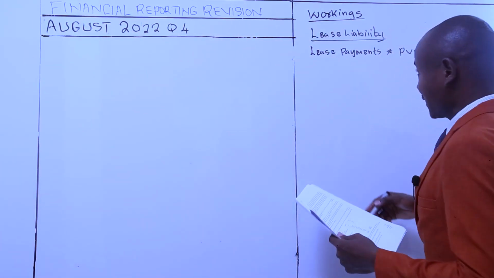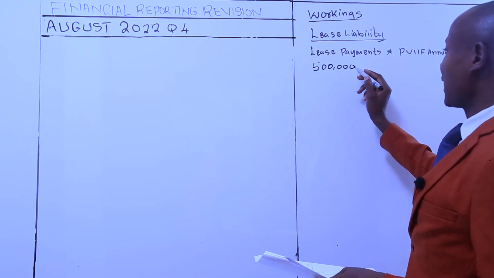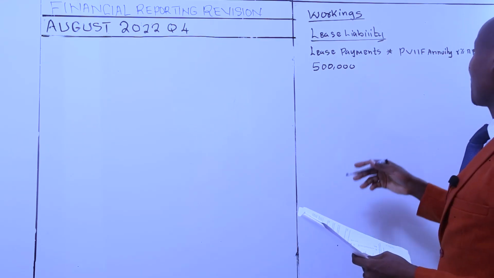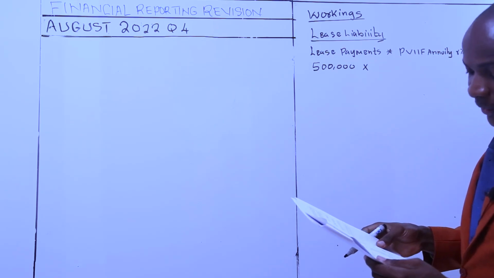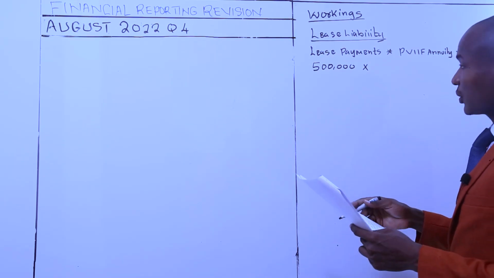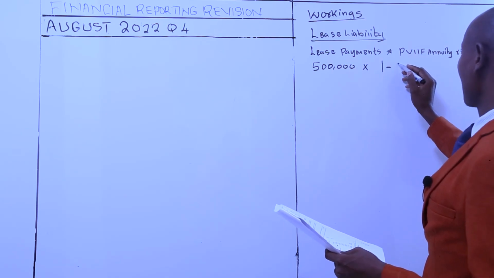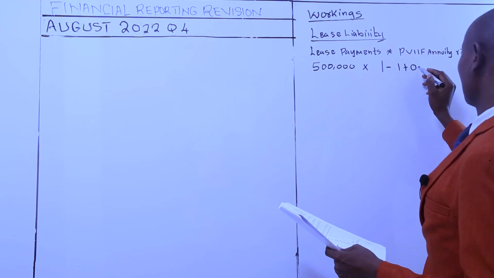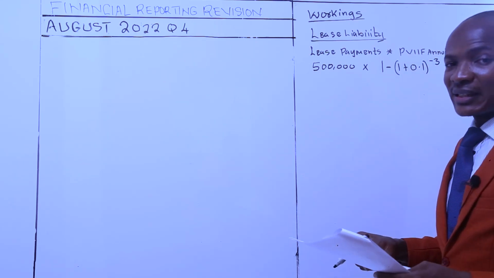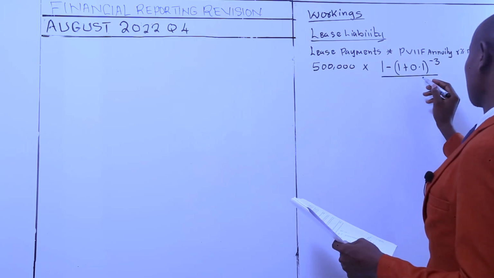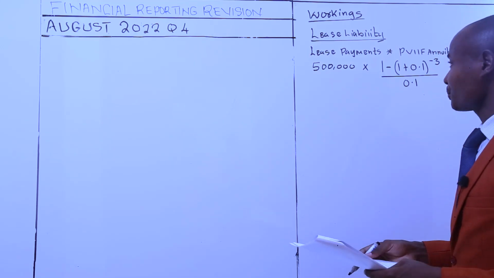The annual lease payments were 500,000. That is to be multiplied by the present value interest factor of annuity. We were given the discounting factor or the borrowing rate, which is 10%. So that will be computed by taking 1 minus 1.1 raised to the power negative 3, because the period is 3 years, then we divide that by R, which is 0.1.